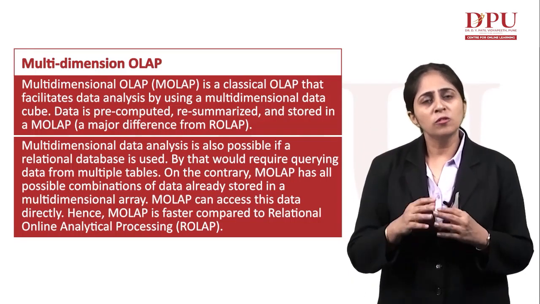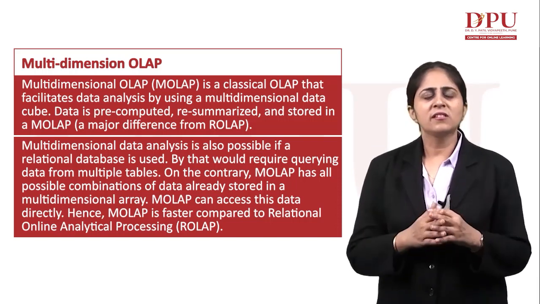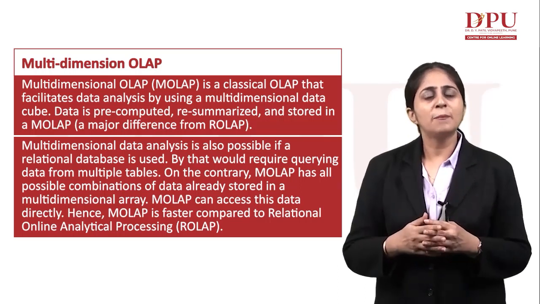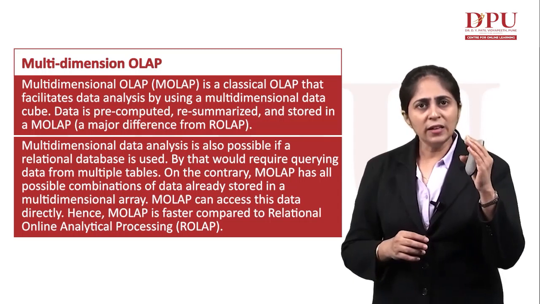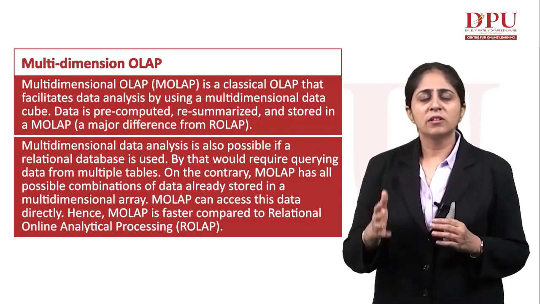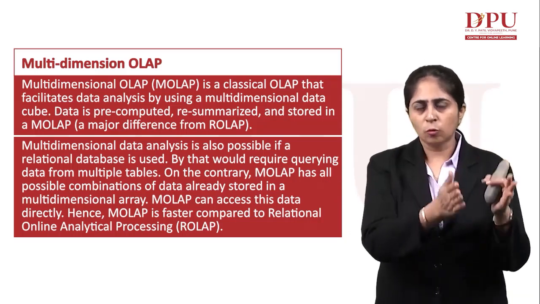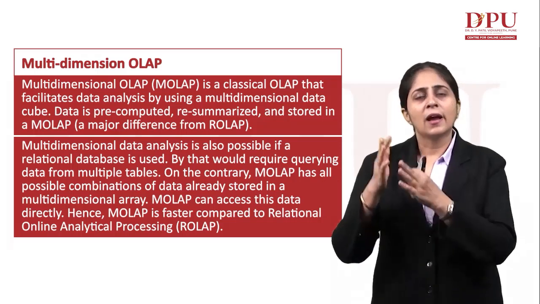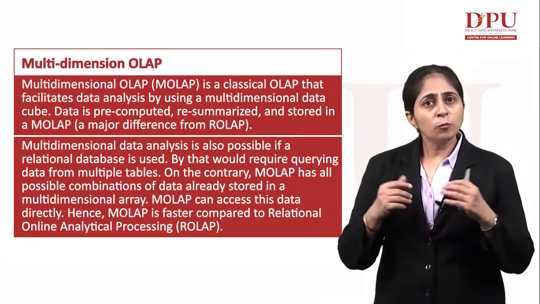Earlier, we used to use this relational online analytical processing. You can consider it like this: if you want to store certain records, you can use MS Excel for creating the tables, but in that you can have only a few rows and a few columns. If you want to view the data from different angles, at one point you want to store the quarters, at another the location, at another the information about all the items, what would that require?